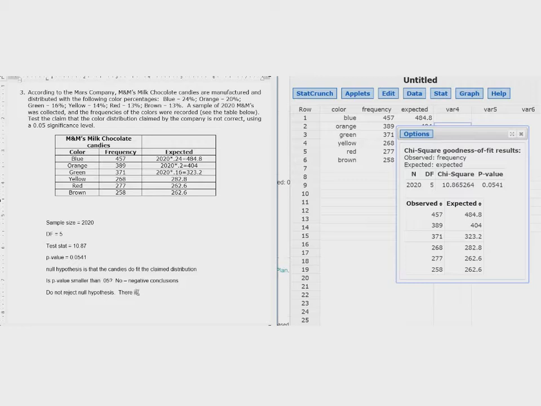So we can say there's sufficient evidence, or there's not sufficient evidence. This means in a roundabout way we're saying that they do fit the claim distribution.